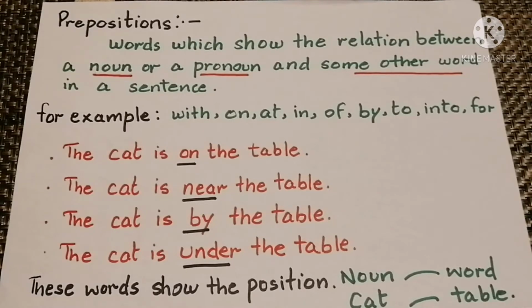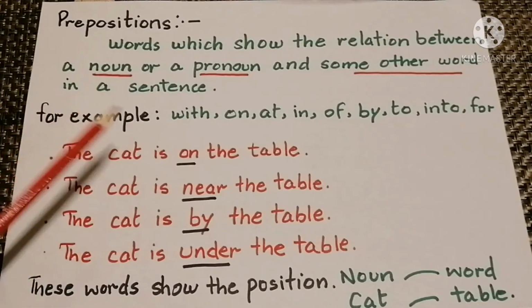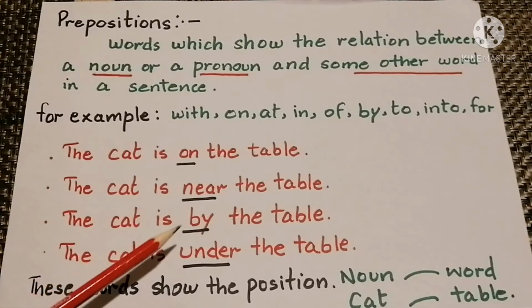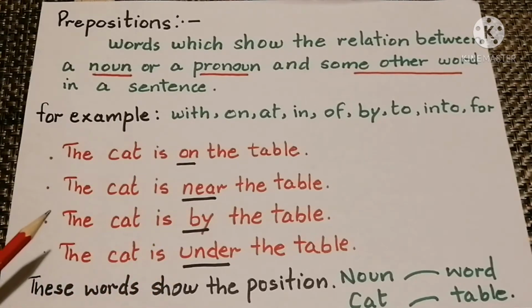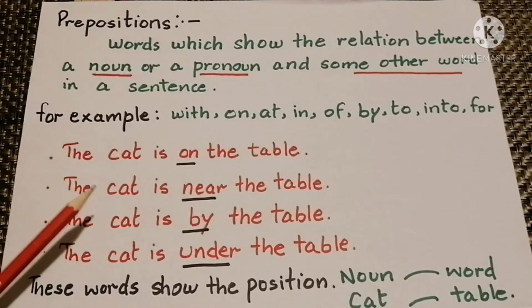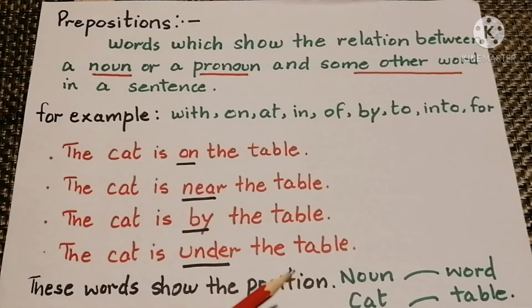Now let's see these sentences. The cat is on the table. The cat is near the table. The cat is by the table. The cat is under the table. Here, the words on, near, by, under are showing the position of the noun, that is cat, to the word table.